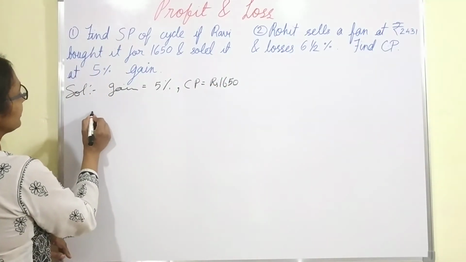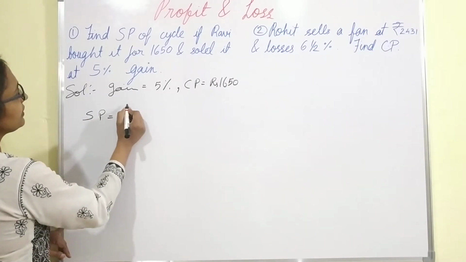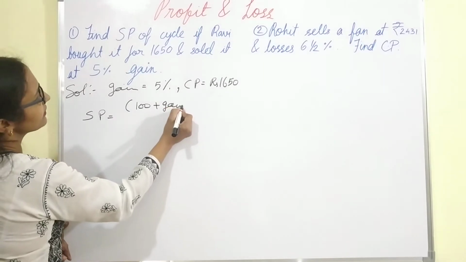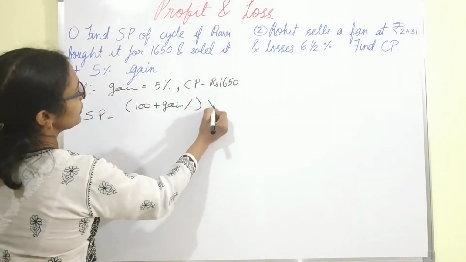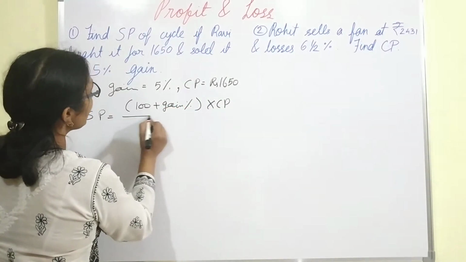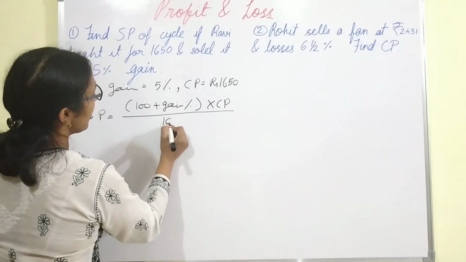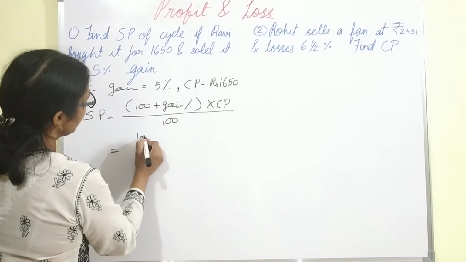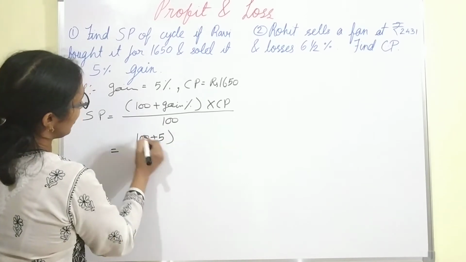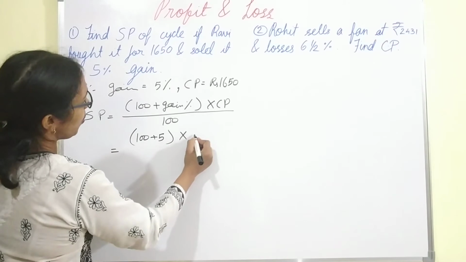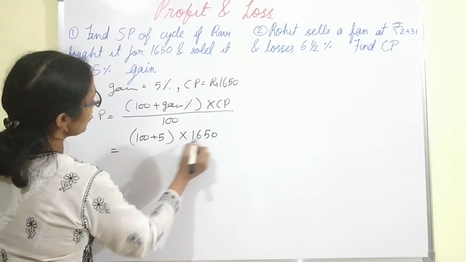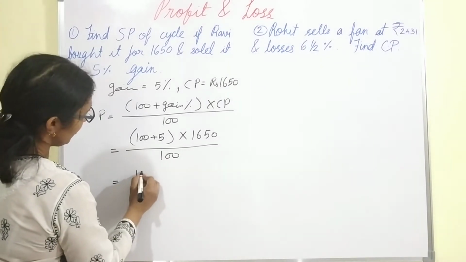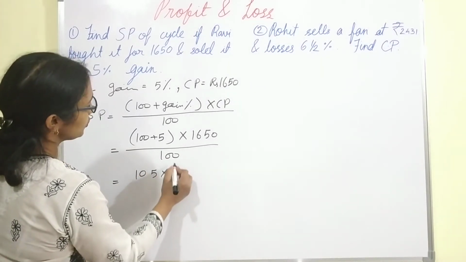You have to find SP. So SP equals (100 plus gain percent) into CP upon 100. So (100 plus 5) into 1650 upon 100.